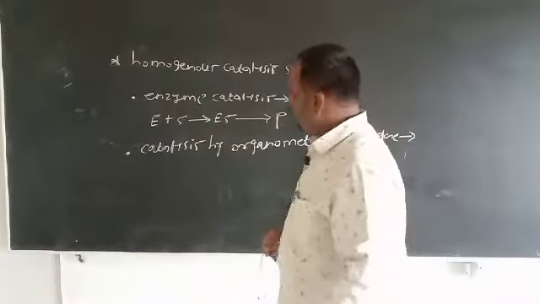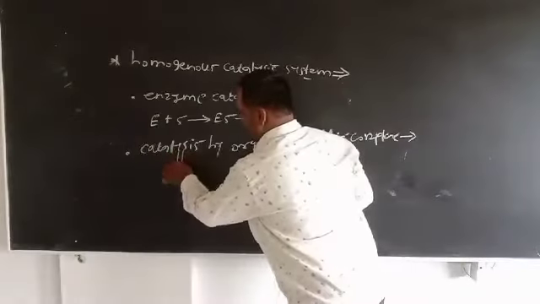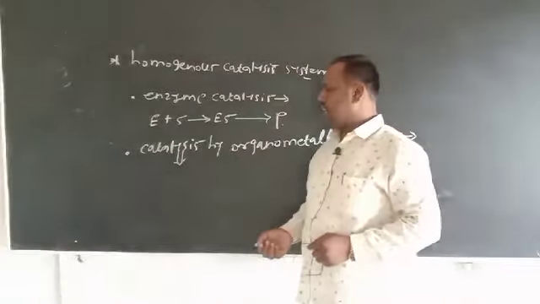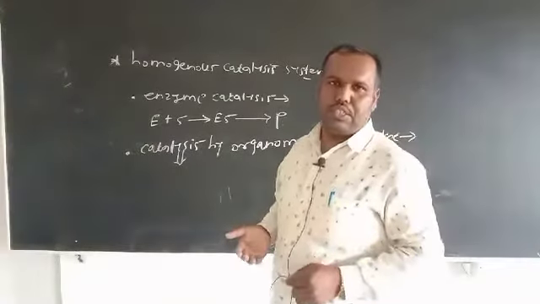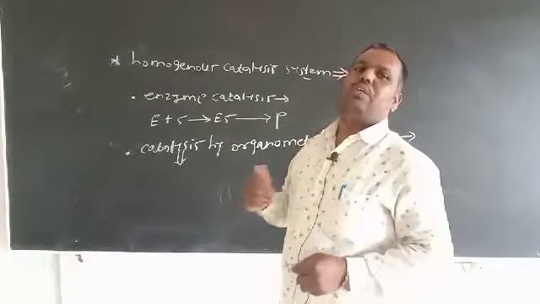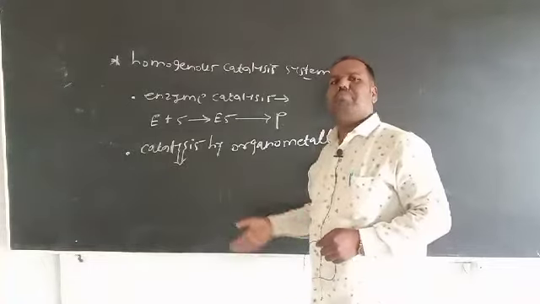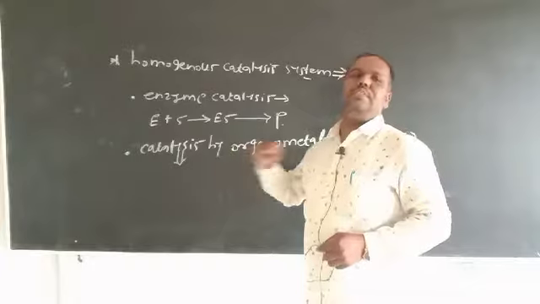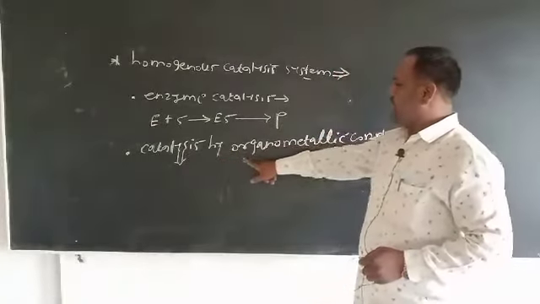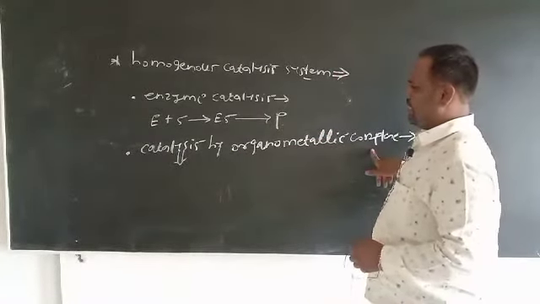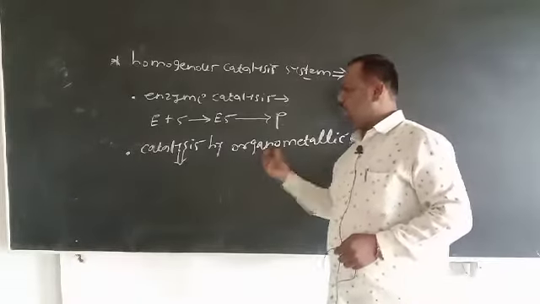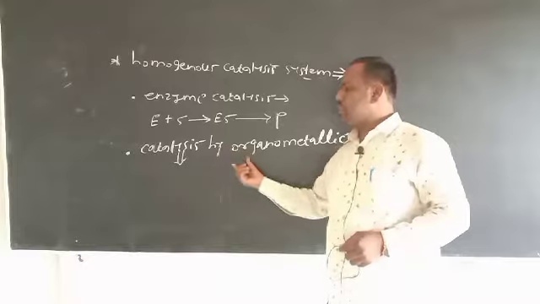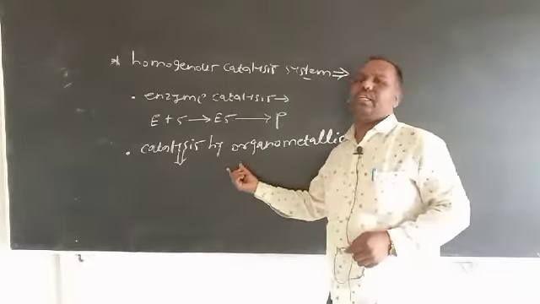We already discussed the different types of organometallic reactions: oxidative addition, reductive elimination, 1,1 insertion, 1,2 insertion, and beta hydride elimination. All these reactions are involved in catalysis by organometallic complexes. Whenever an organometallic complex is used as a catalyst, all these processes are involved in the catalytic cycle.